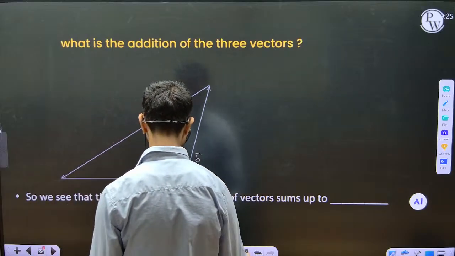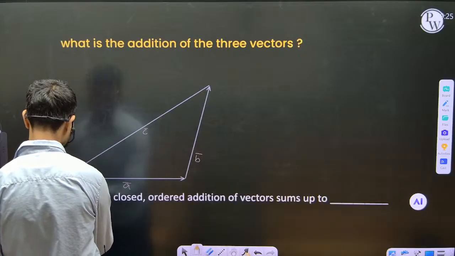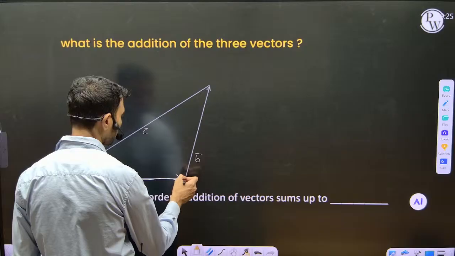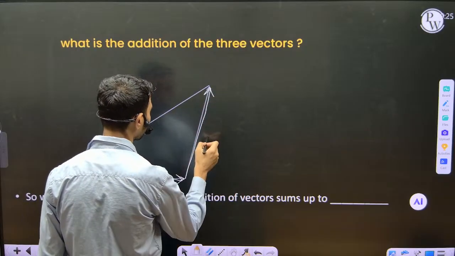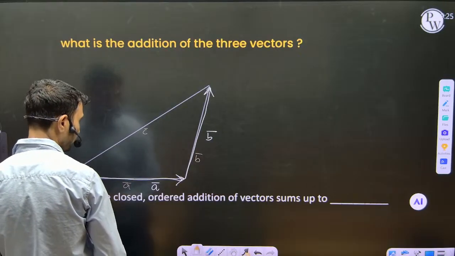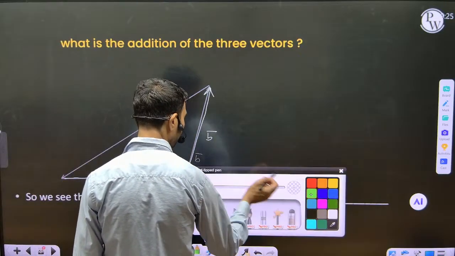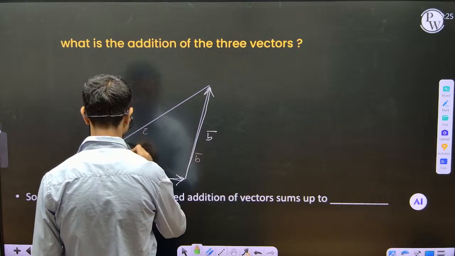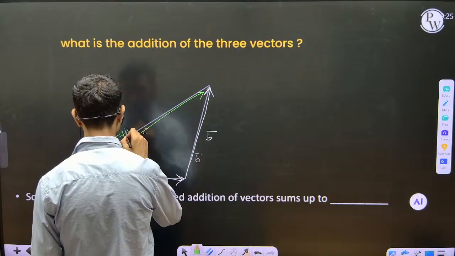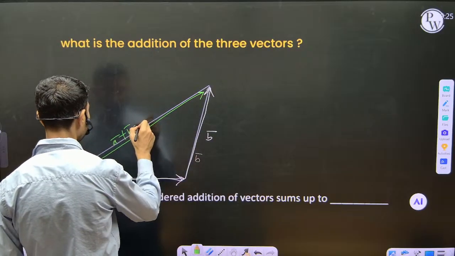So let us see what is a vector plus b vector. This is your a vector, right? And this is your b vector. So what will be this vector? This will be a plus b vector. Let's call it s vector.